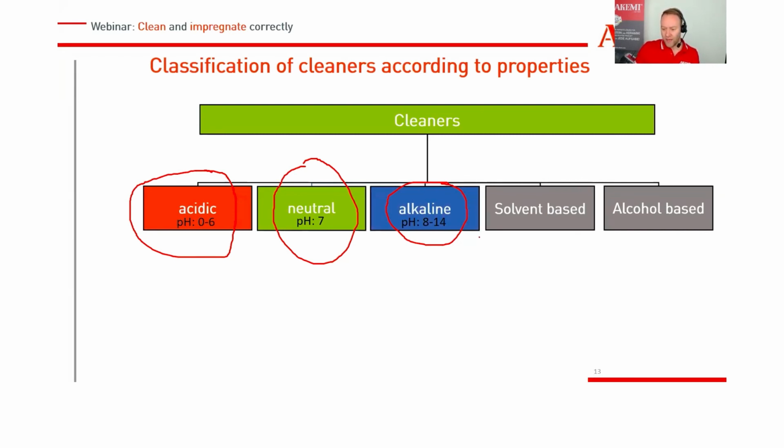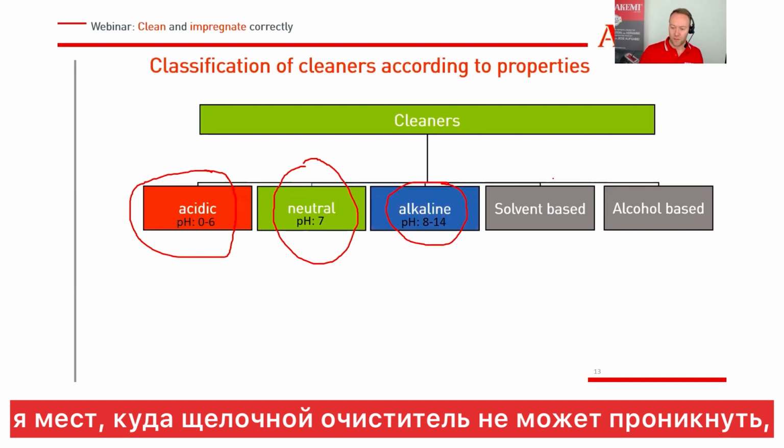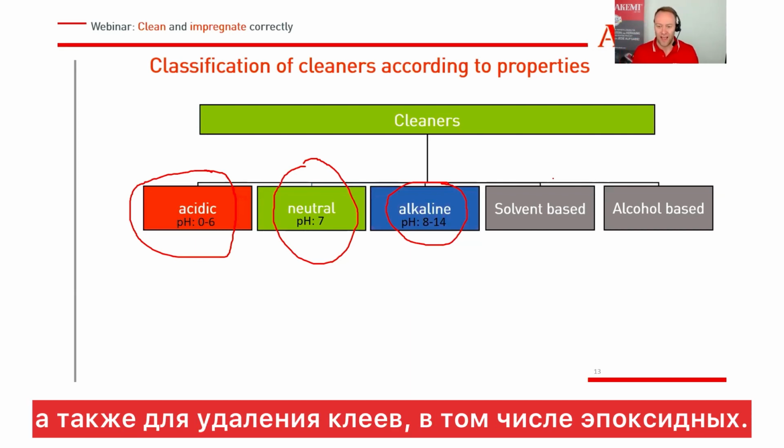Then we have solvent-based products. These are also special cleaners, for example, for deep oil stainings, which are very deep in the stone, where the water-based alkaline product cannot penetrate and work. We have some solvent-based products, or when you have to remove certain adhesives, like epoxy adhesives, there you need solvent-based cleaners.